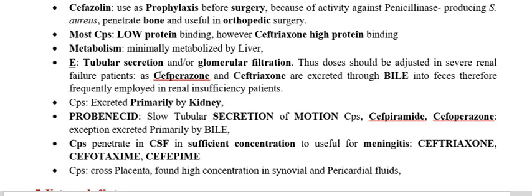However, tubular secretion is the primary route through the kidney. Glomerular filtration is also there, but less. That is the reason probenecid, as you know, decreases the tubular secretion. So when there is a decrease in tubular secretion, the cephalosporin group of drugs will persist within the body of the patient for a longer time interval.